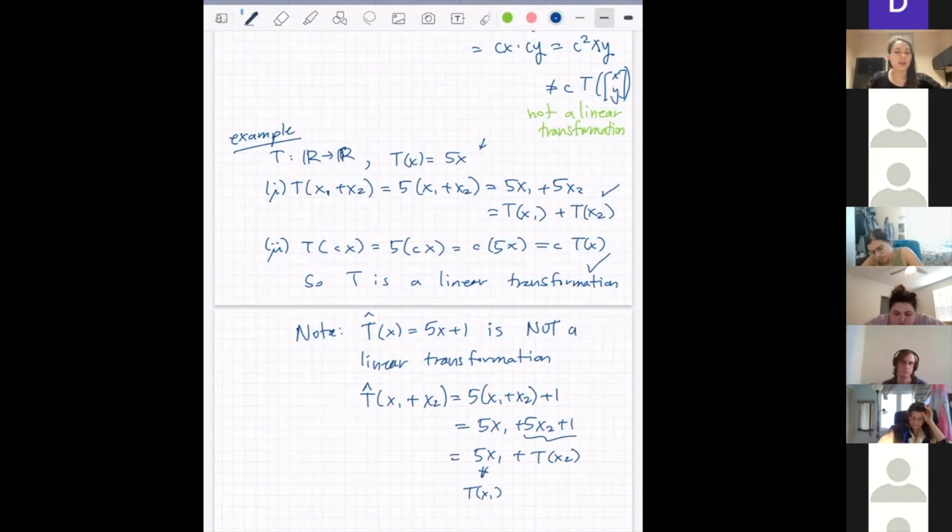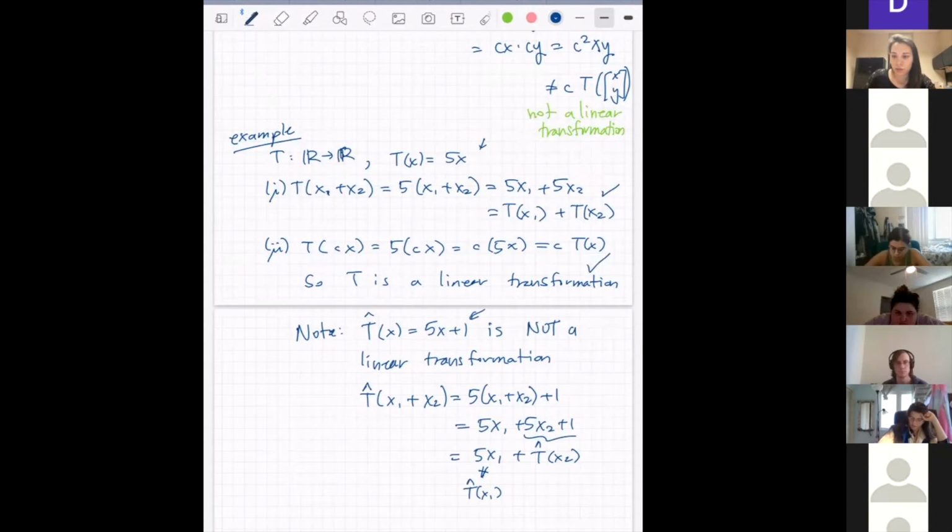So we don't get that we can split sums. I should put the hat on this guy too. And so that's really the issue.